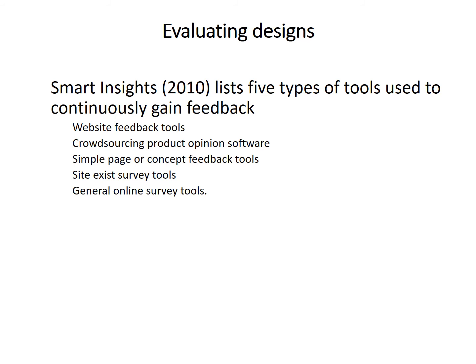Crowdsourcing, product opinion software, simple page or concept feedback tools, site exit survey tools, general online survey tools, and these are not difficult to implement within your site. These software are available at additional cost, and they can be plugged in readily and easily to provide you with the stats, feedback and information that you require.